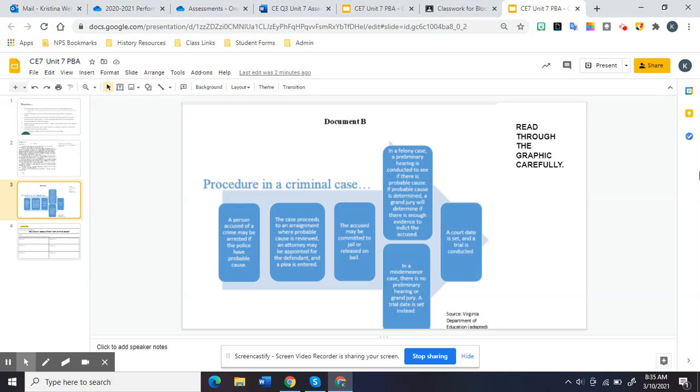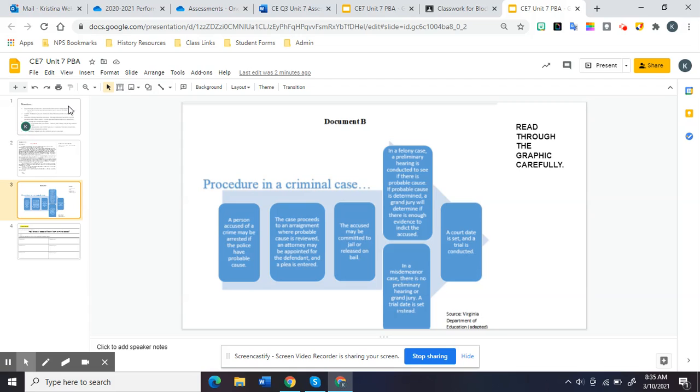In a felony case, a preliminary hearing is conducted to see if there is probable cause. If probable cause is determined, a grand jury will determine if there is enough evidence to indict the accused. In a misdemeanor case, there is no preliminary hearing or grand jury. A trial date is set instead. Then a court date is set and a trial is conducted.